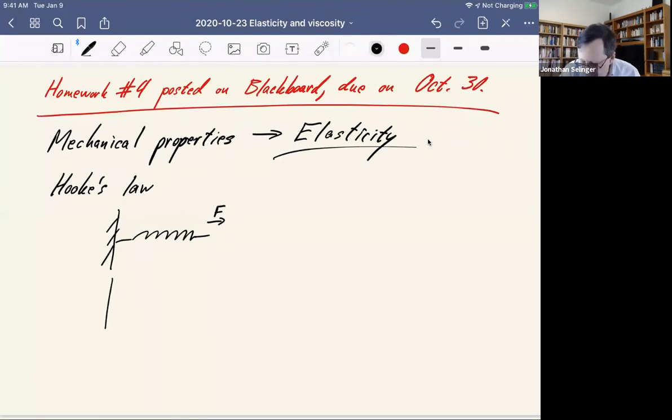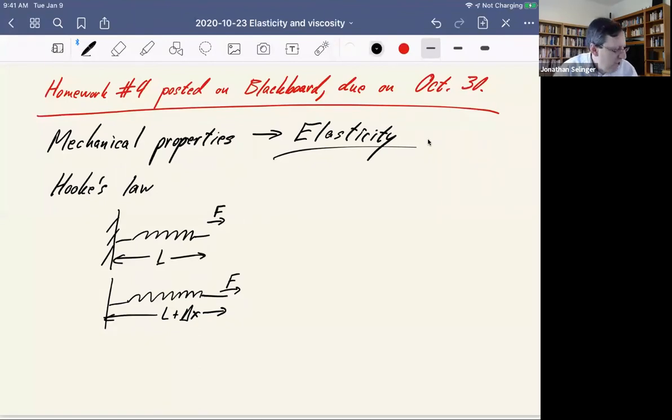And because of that force, the spring stretches to become longer, like this. Right? So the original length is L, and it stretches to be longer, to be L plus some delta X, under the influence of this force.